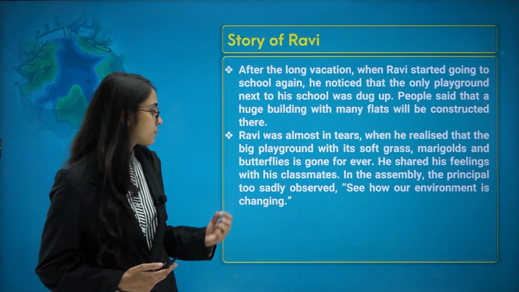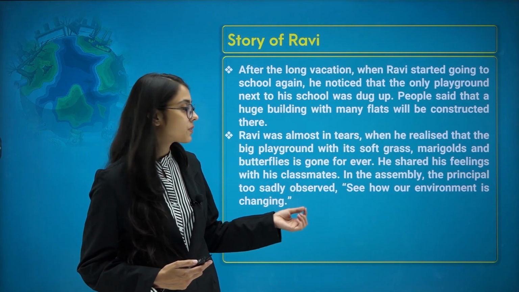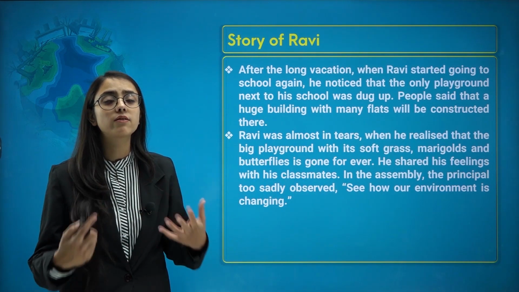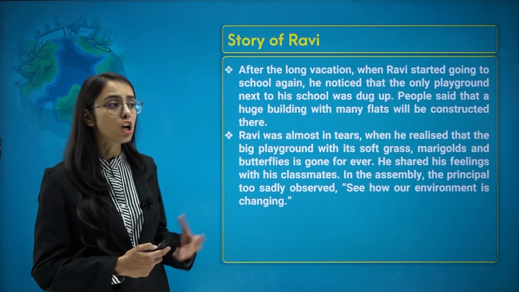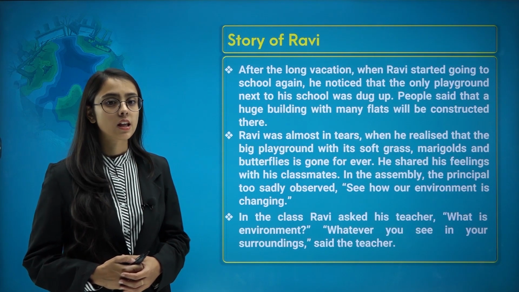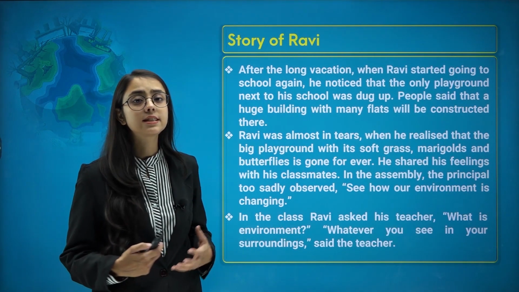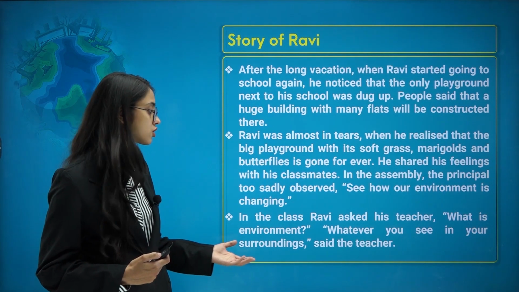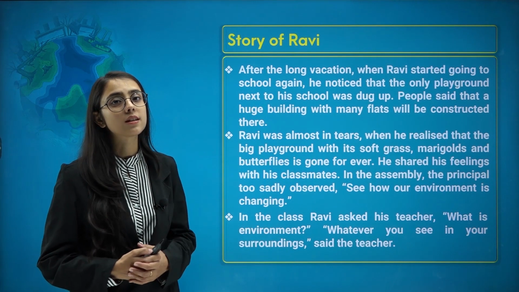In the assembly, he said, sadly, see how our environment is changing. He appealed to every student who was present in the assembly to observe how our environment is changing rapidly. In the class, Ravi asked his teacher as well, what is environment? Whatever you see in your surroundings is known as environment, the teacher replied.